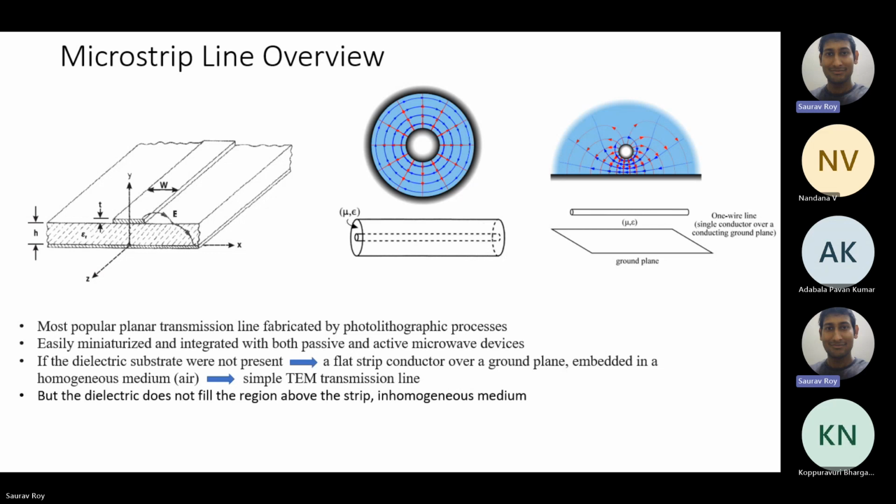That means in the surroundings of this central conductor, we have only one type of substrate. But in our case, how it is different, you see, in microstrip line, we have two types of substrate. Below the metallic strip, we have epsilon r. Above it, we have air. Right? That's why it is an inhomogeneous medium, not homogeneous like the other two.